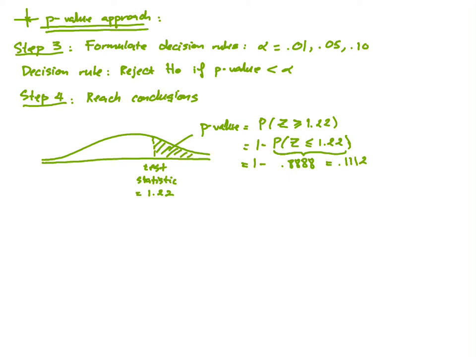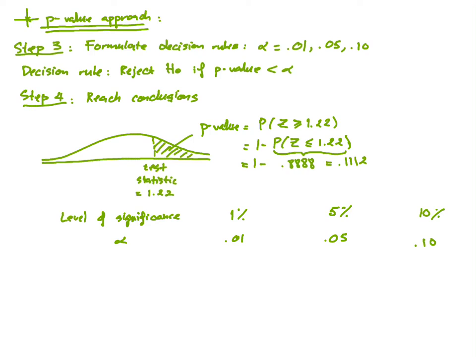So we have levels of significance of 1%, 5%, and 10%. So then the value of alpha is 0.01, 0.05, and then 0.1.